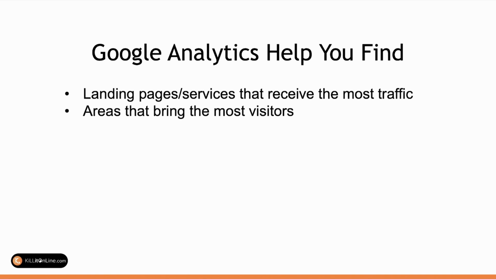The only way you can find this is if you go into your Google Analytics and see which areas are bringing you visitors, which areas are bringing you business, and then which areas you're not getting any business from. Maybe there's a city that is more affluent that has the potential of bringing you larger jobs. Maybe there's a commercial area near your office which has potential of bringing you large commercial business.